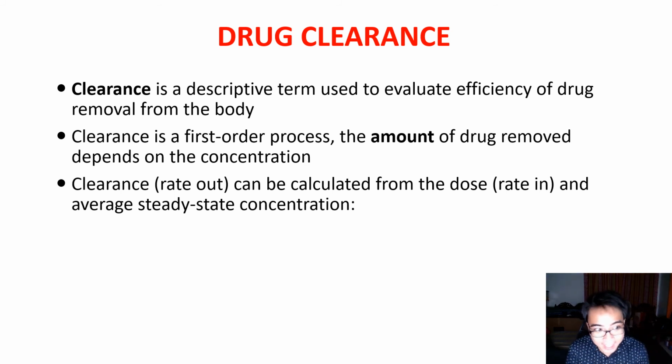So, the better the clearance of a drug is, then it means that your body is capable of clearing that drug from your body efficiently. Okay, so clearance is a first order process. The amount of drug removed depends on the concentration. Now, clearance or the rate out can be calculated from the dose, rate in, and average steady state concentrations.